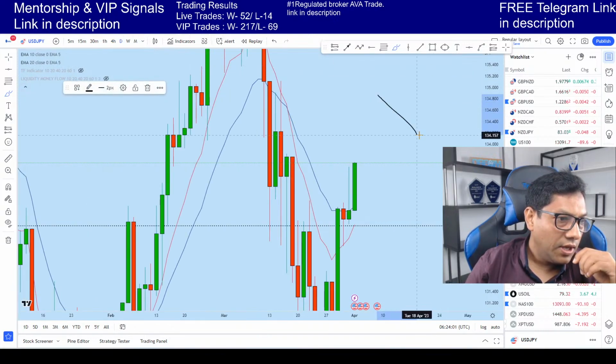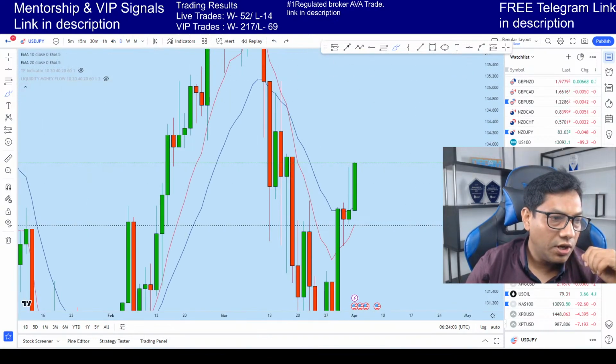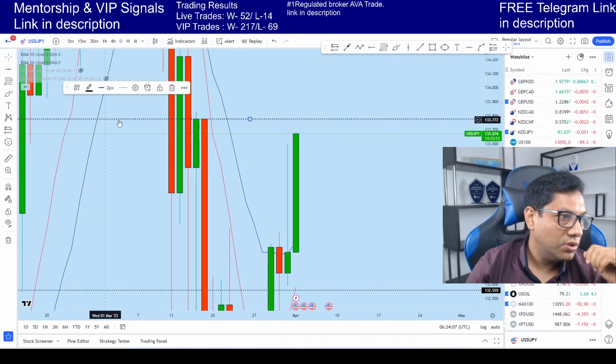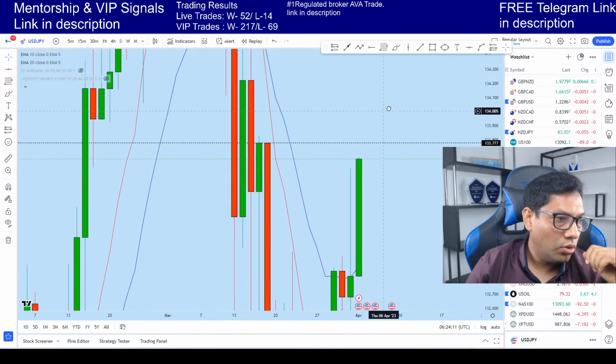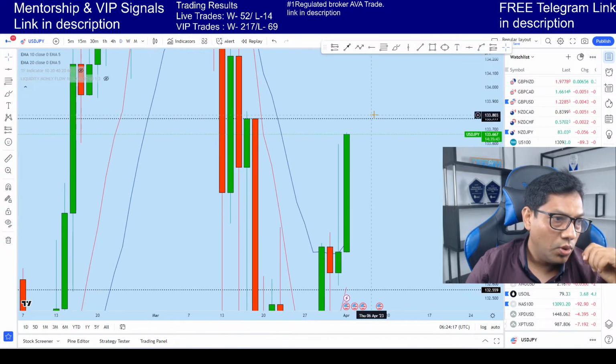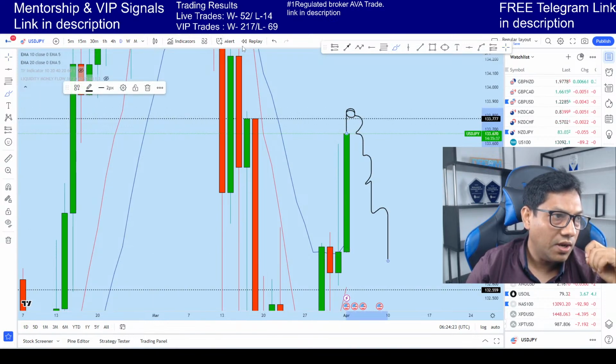So let's see, as you can see, this is the daily chart, and dollar yen is again approaching another liquidity zone. You see there is a wickless candle on the daily. The price is approaching that zone, which is almost nearly there. What I think is that after hitting that level, this liquidity zone, we could see dollar yen coming down again.